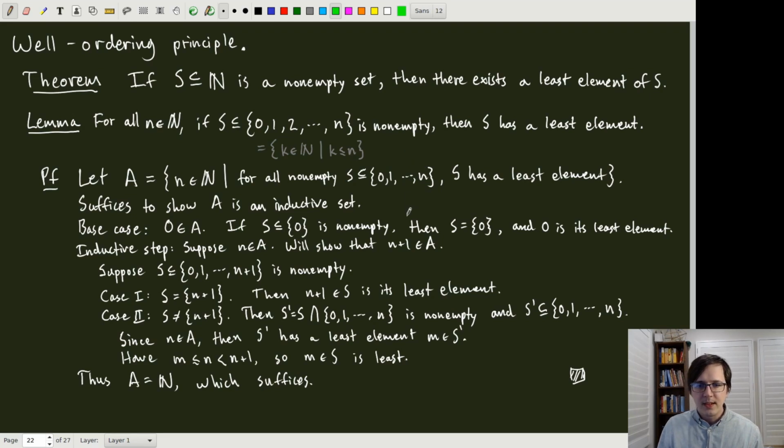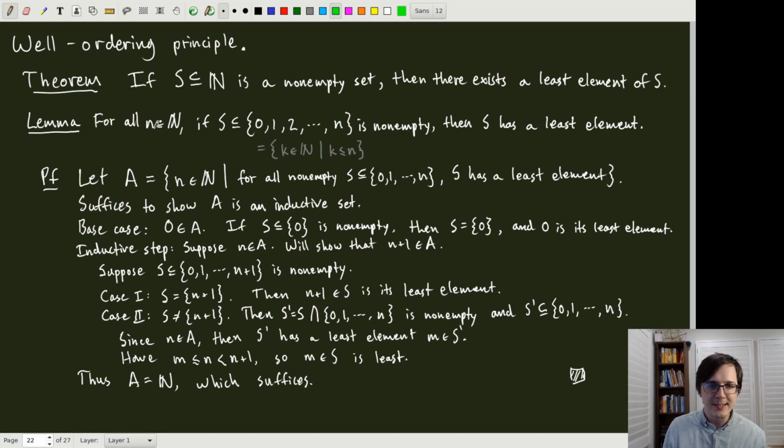So anyway, we need to formalize this to get a proof. What we will do is use the inductive set point of view for induction, just to give it a whirl. I found this to be a surprising definition when I first saw it. Let A be the set of all n where the lemma is true.